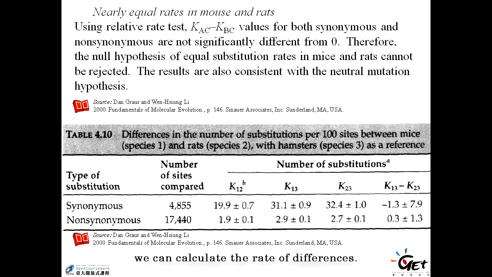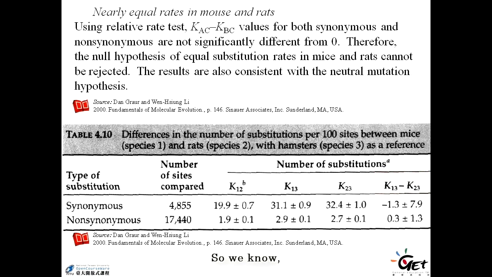We can calculate the rate of differences, using the formula we learned from chapter 3. Then in the test of the substitution rate, we compare K13 minus K23.